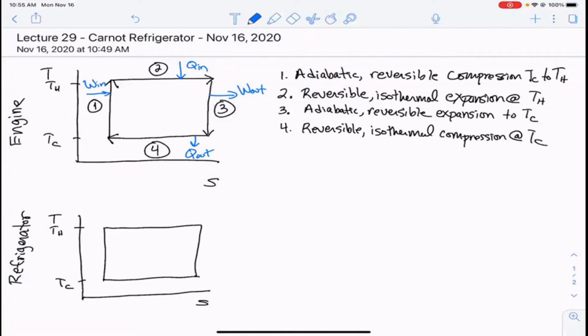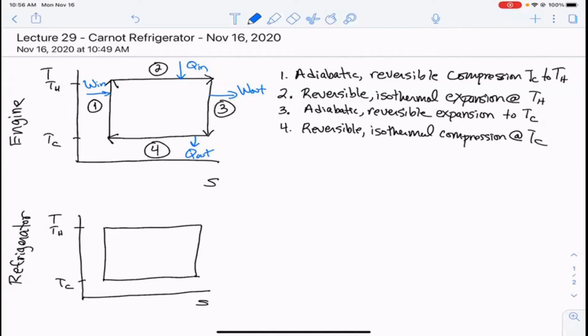But where your system is going to accept heat is at T cold. That's a difference in perspective that you might not have thought about before: in a refrigeration cycle you take in heat at the cold temperature, because the system is not the refrigerator. The system is the fluid that is being pumped around the cycle.